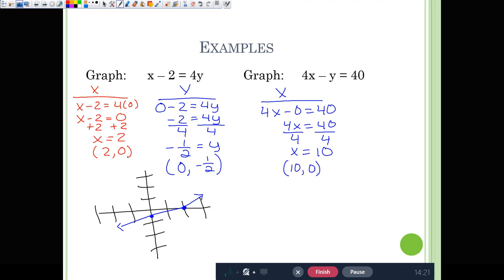We're going to do the same thing for my y-intercept, except I'm going to be substituting in 0 for what? x. So 4 times 0 minus y equals 40. So negative y equals 40. Divide by negative 1. So y will equal negative 40. So this ordered pair would be 0, comma negative 40.